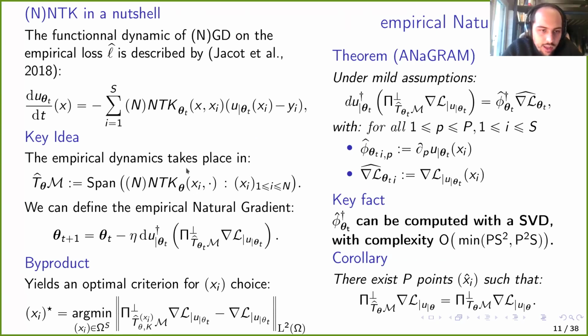Okay, and so now the idea is, we have a new functional space defined by the NTK or NNTK, but then instead of projecting into the tangent space, we can project into the empirical tangent space.